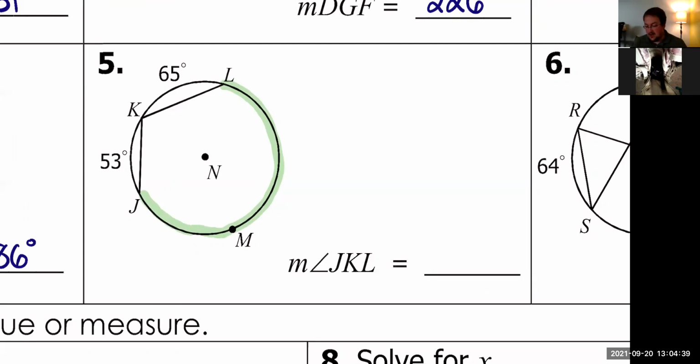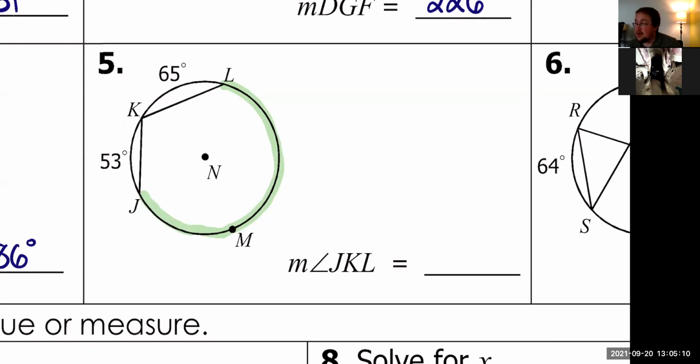Any ideas how I can find arc JML? Would you add 65 and 53? Okay, add 65 and 53 and then do what with that? Double it. Not quite. The relationship we have here is just between this angle and this arc. So I know parts of this circle, but I'm missing all the rest.